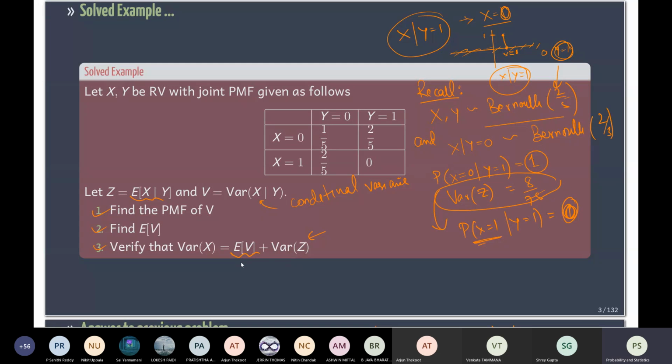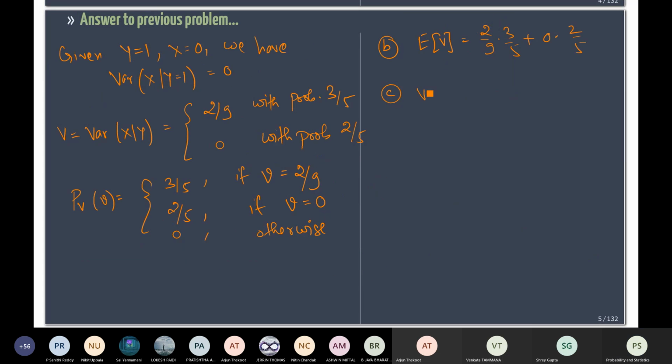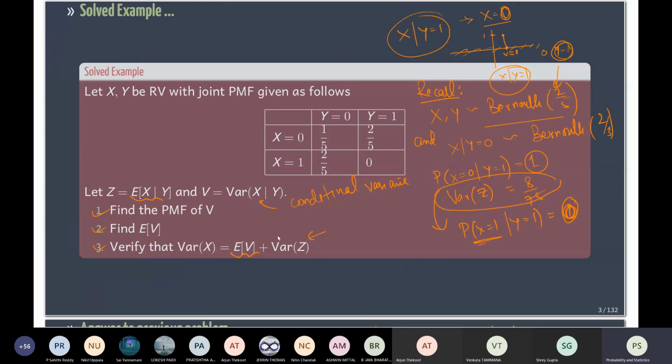So what we are left with is actually the variance of X, which will come out from the PMF values and the X values for that, right?